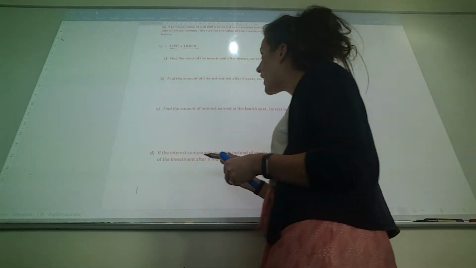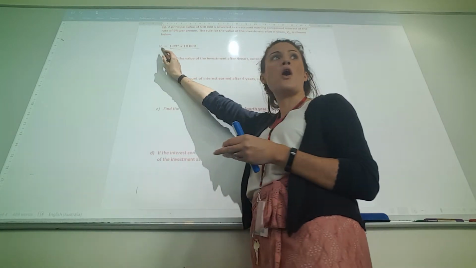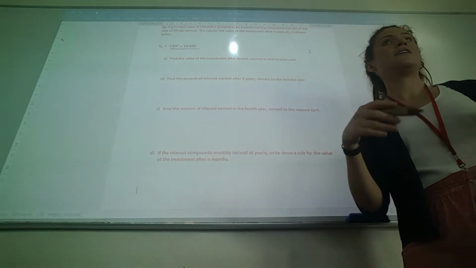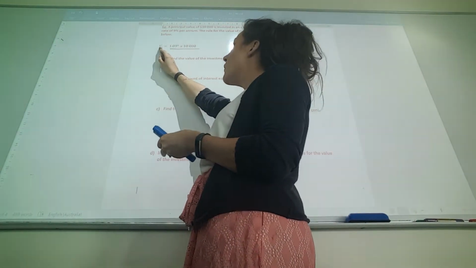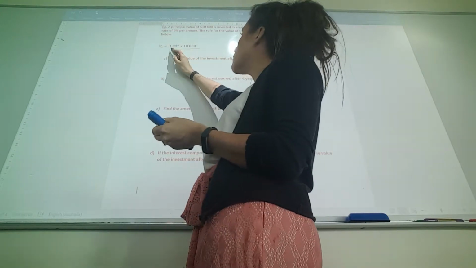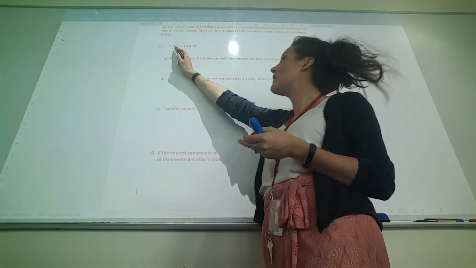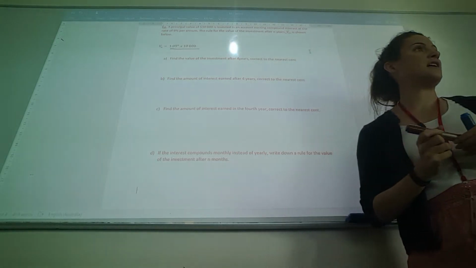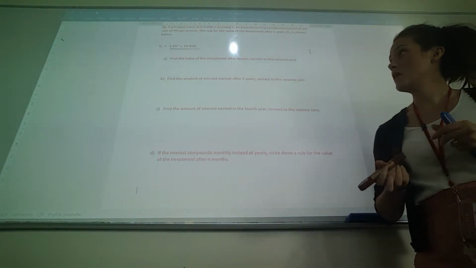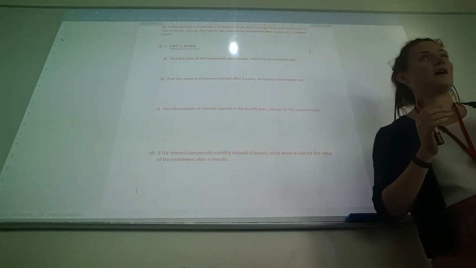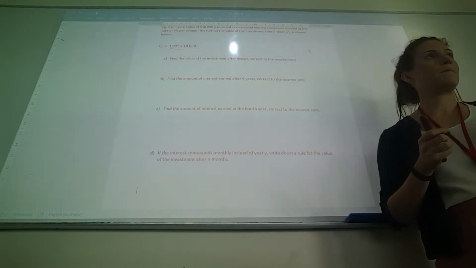And we can see that because it doesn't have the Vn plus 1, it doesn't have the V0, it's just got the rule. It's just saying whatever the nth term equals 1.09 to the power of n times 10,000, which is our V0. So that's the rule we've been given. Any questions about that? Cool.